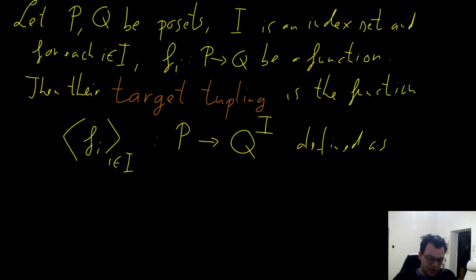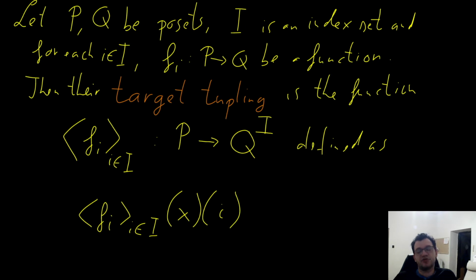Okay, so again, if I have this tupling of functions and I apply it on some point x in P, I'll get a function. And how should I compute this function? It's a vector, so I just have to tell what should stand on the ith coordinate of the output vector, and this should be the value of the ith function.